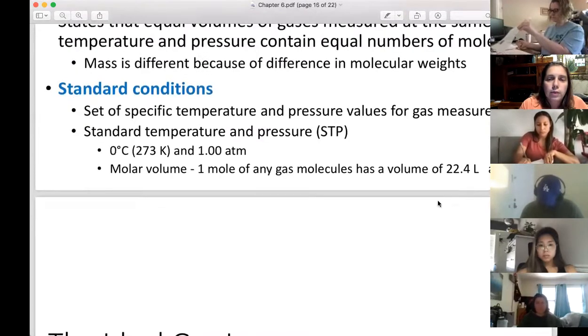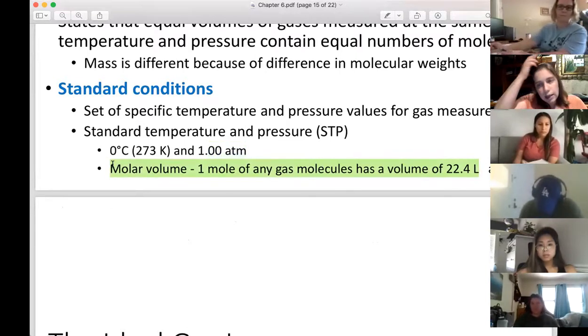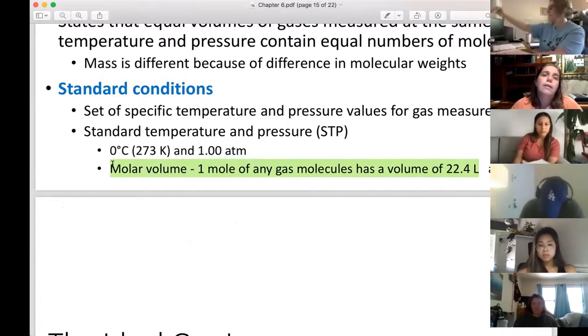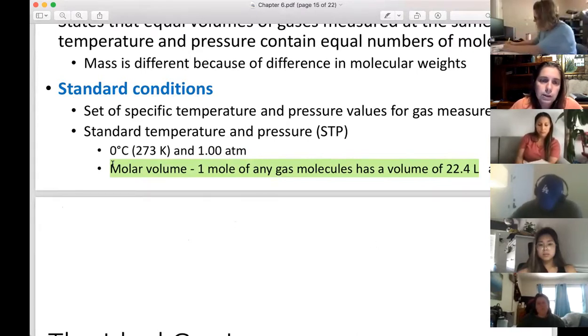This is important to know because a lot of times, on a homework question or on a test, you have some sort of gas law equation you are working on, and it tells you there are X number of moles of sodium hypochlorite gas, and it's at standard temperature and pressure. And it'll say, how much does it weigh or something like that. You go, I don't have enough information for this.